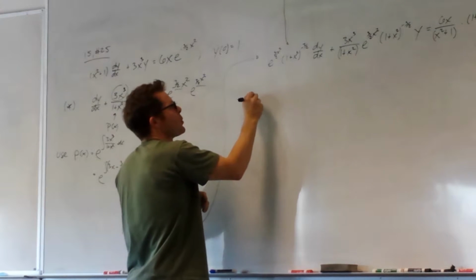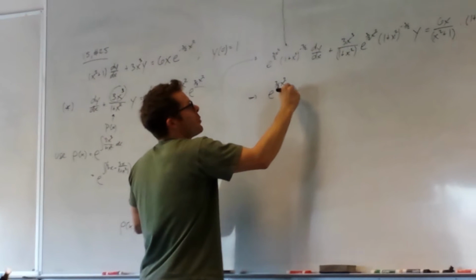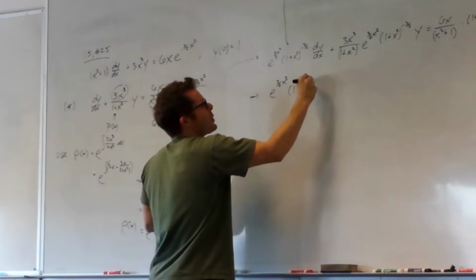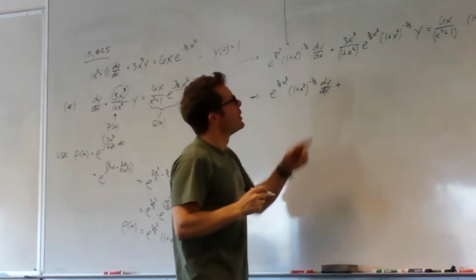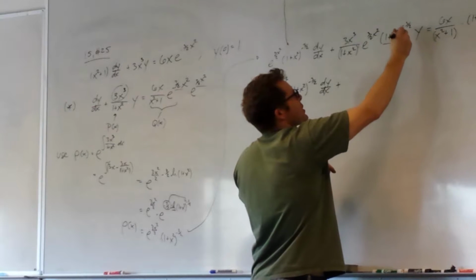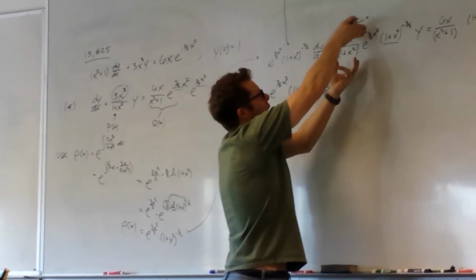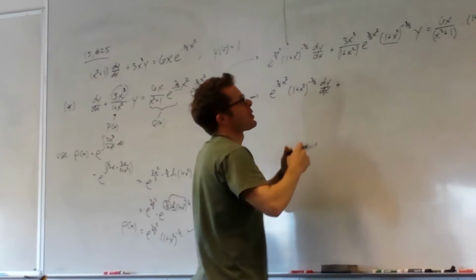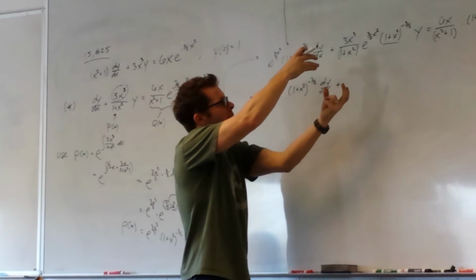Okay, so cleaning this up one more time. e to the 3 halves x squared, 1 plus x squared to the negative 3 halves dy dx, plus, now careful, this is a power 1 in the denominator. I have a 1 plus x squared to the negative 3 halves in the numerator. Imagine this guy on top of that, and I subtract the powers. It would be negative 3 halves minus 1 to get those together.